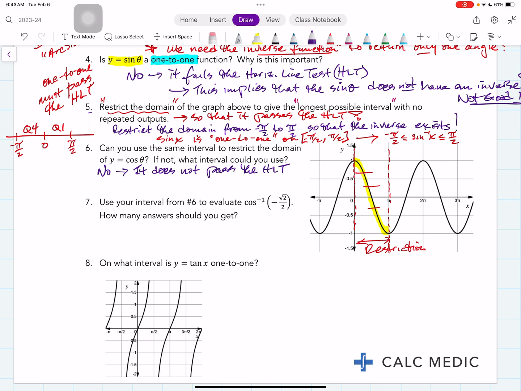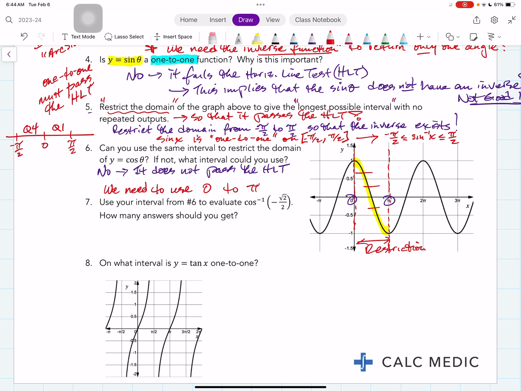Well, 0 to pi. So on this one here, let's put this actually in red, we need to use 0 to pi as our interval to restrict cosine.